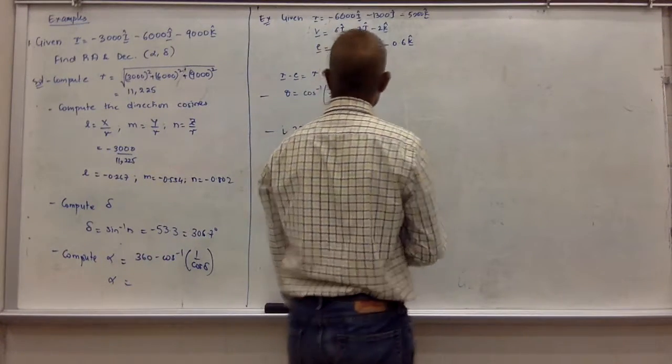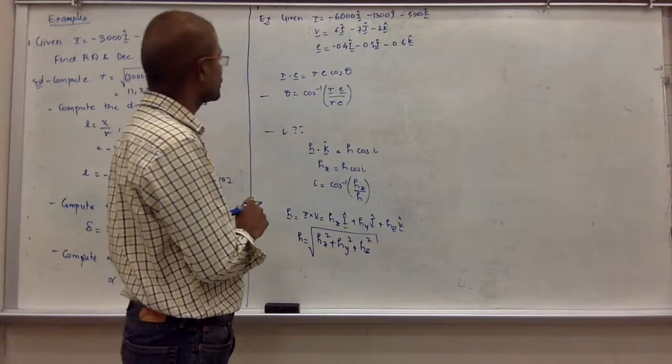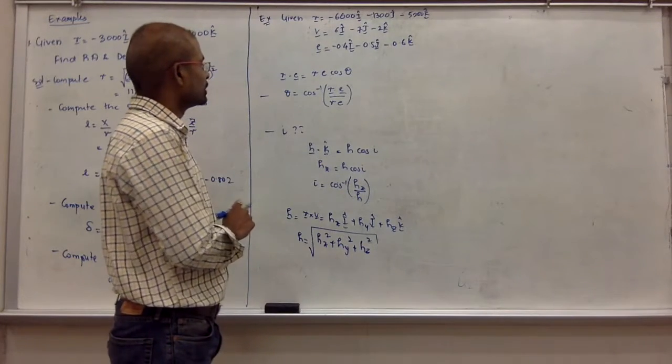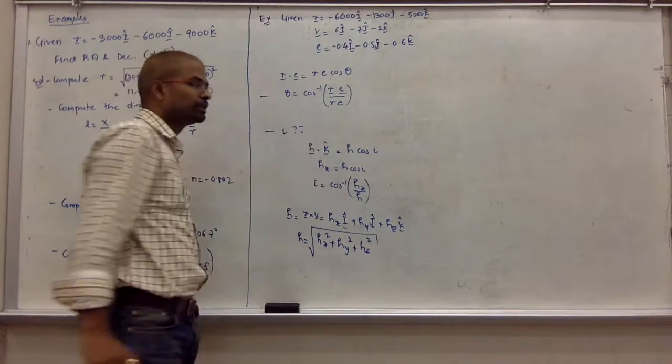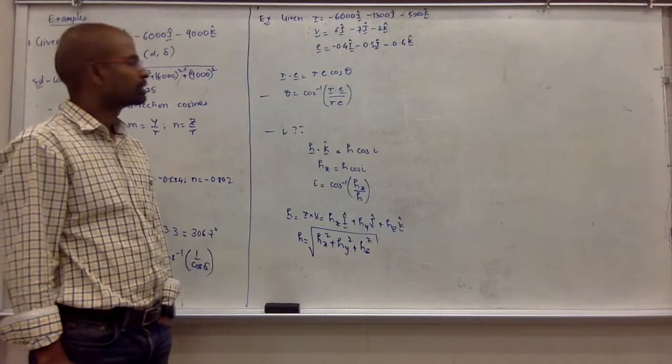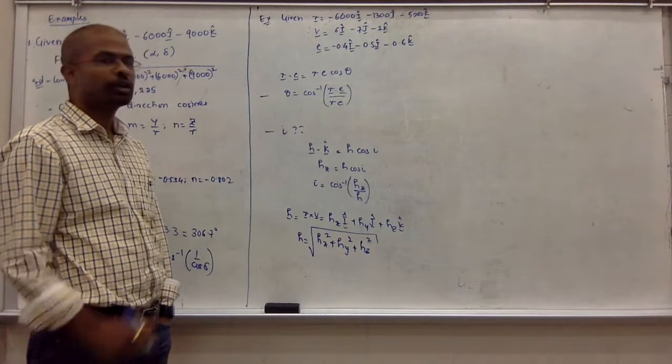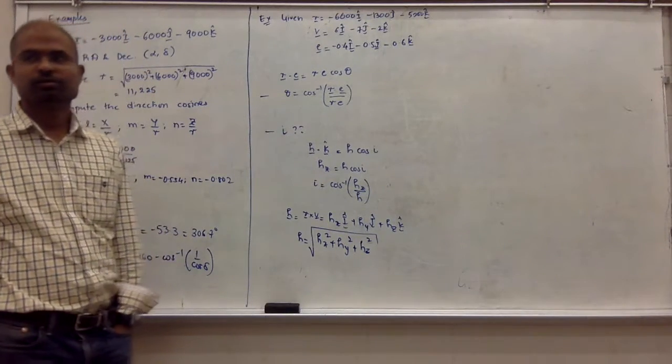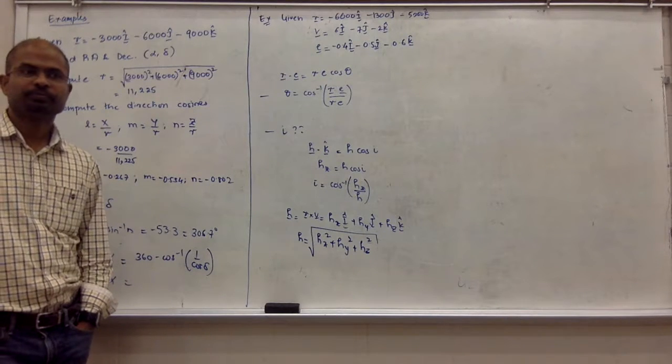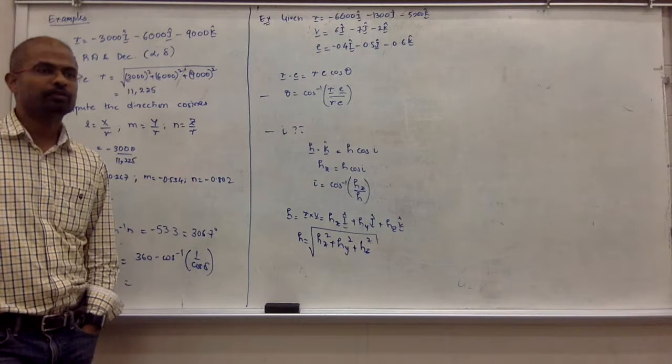So now the trick is, what you need to figure out is this theta. You're going to get two theta values. You realize that? Are you going to get two theta values for this?